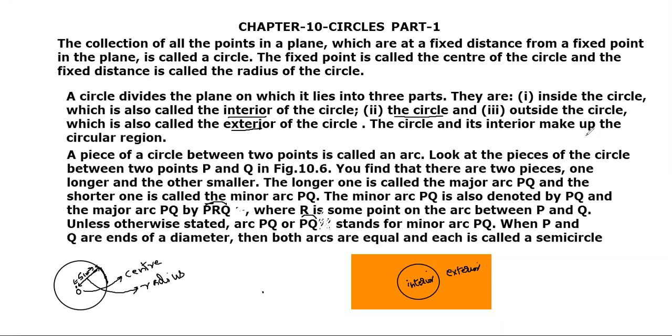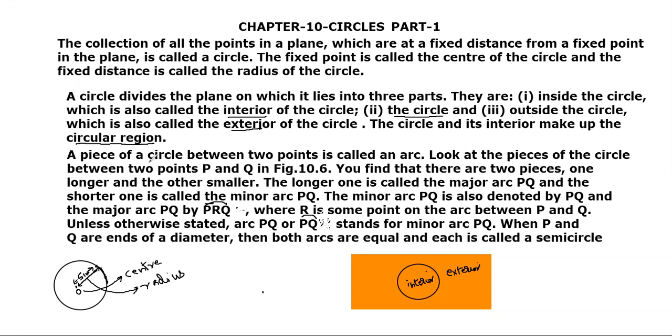The circle and its interior make up the circular region. We say circular region, so boundary plus interior is called the circular region.